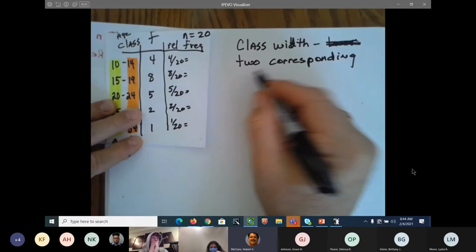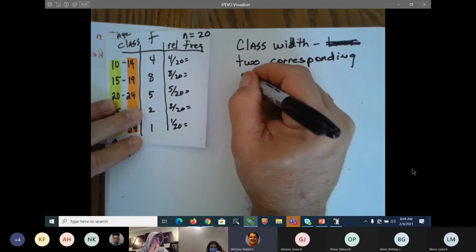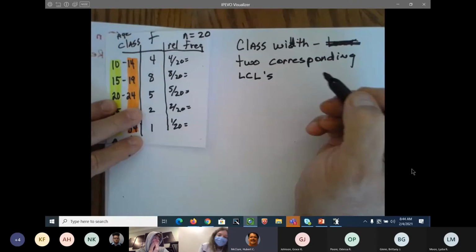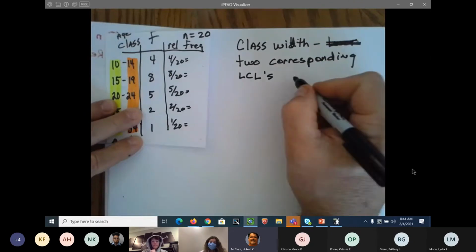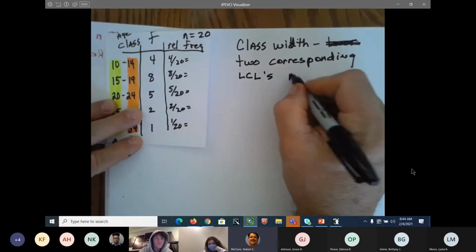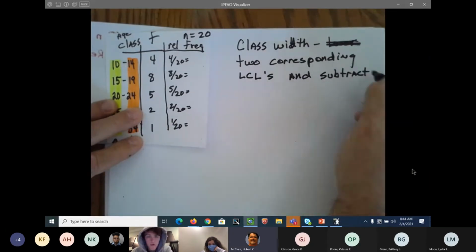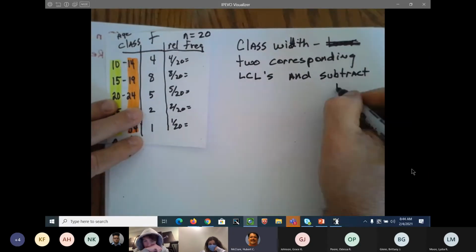Two corresponding, I use the lower class limits. You don't have to, and I'll show you that in a minute. And subtract. And you always want the positive number because class width cannot be negative.